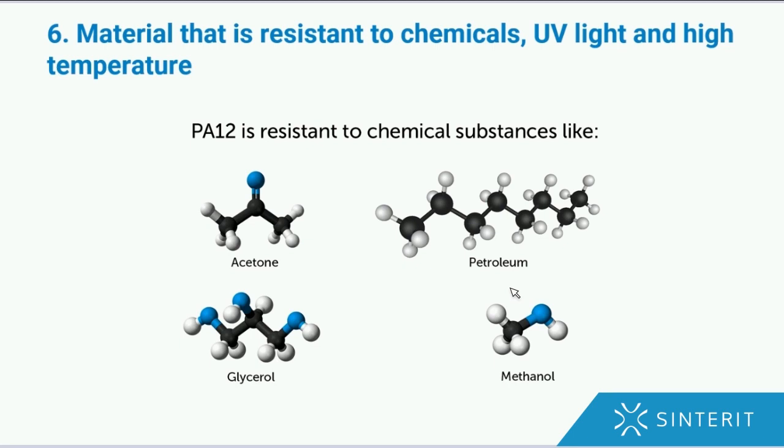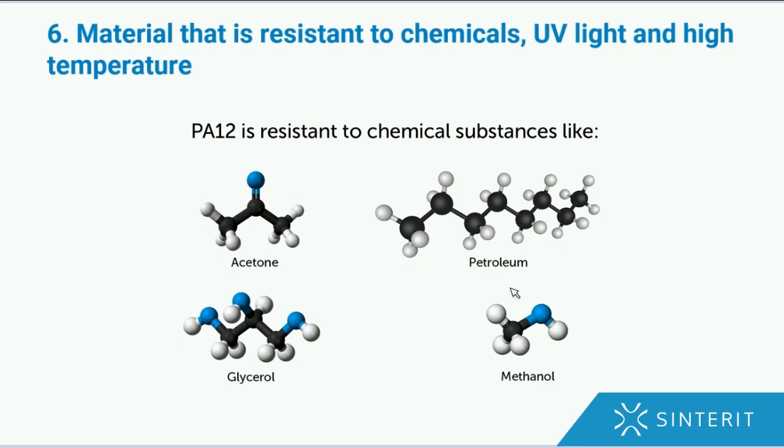So, we reached the last but surely not the least important topic concerning the SLS technique, the materials and their properties. It's really important to see how adequate the materials used in printing will be for your needs. Materials used in SLS printing are based on polyamide powders. In case of Sinterit Lisa, we are using PA12 compound.